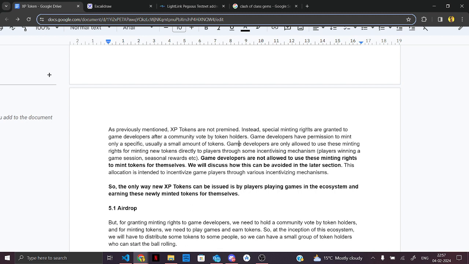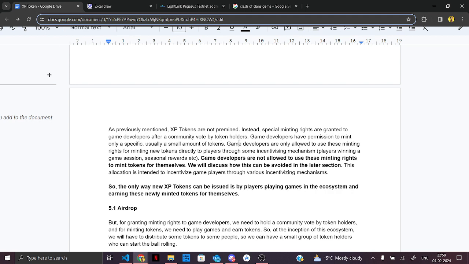So first there will be a community vote. A game developer will ask for some minting rights, and if the community vote happens and they win, let's say 50% or 85%, so there are different voting caps which they need to fulfill. We'll explain this later. Then they can have minting rights.